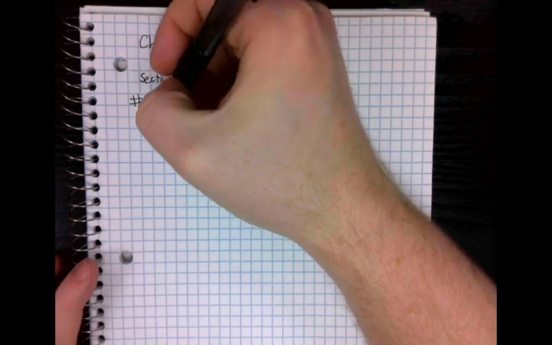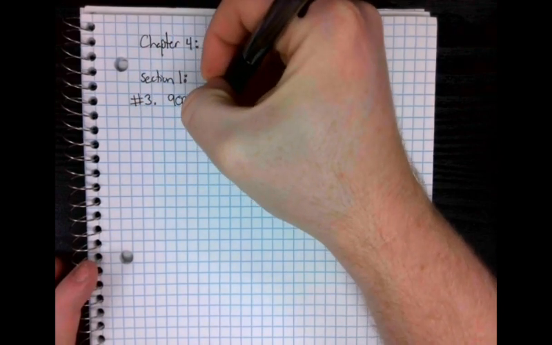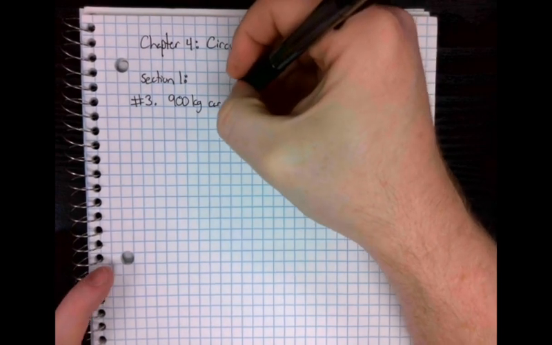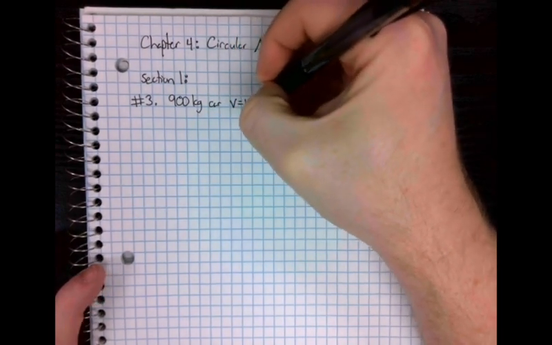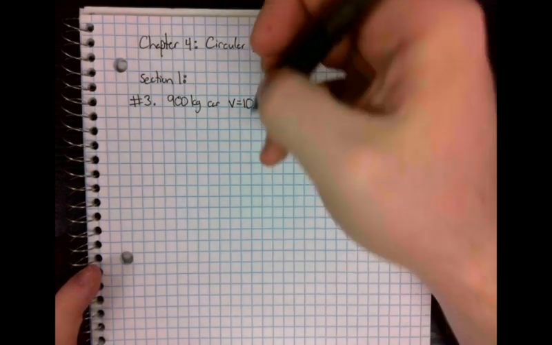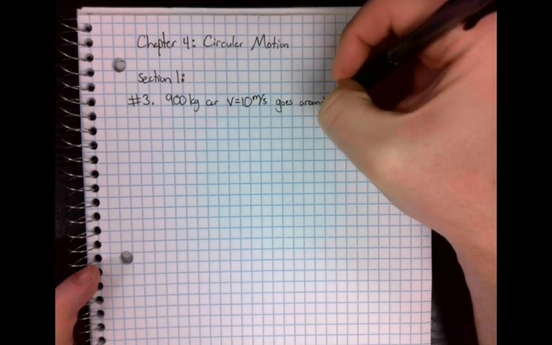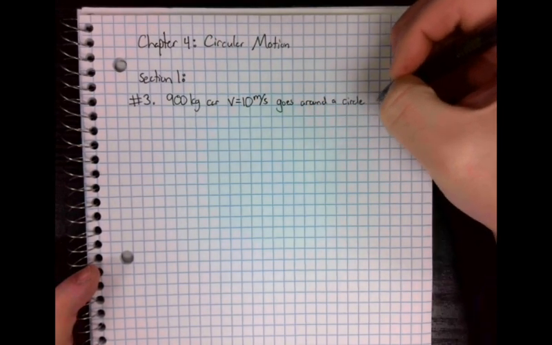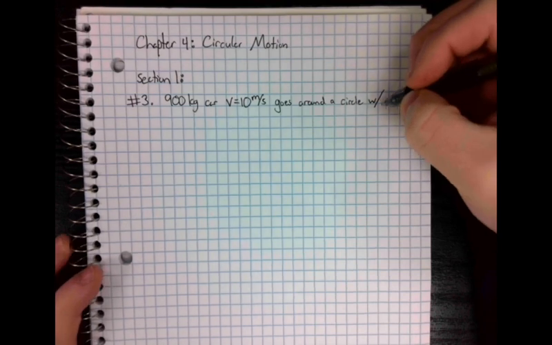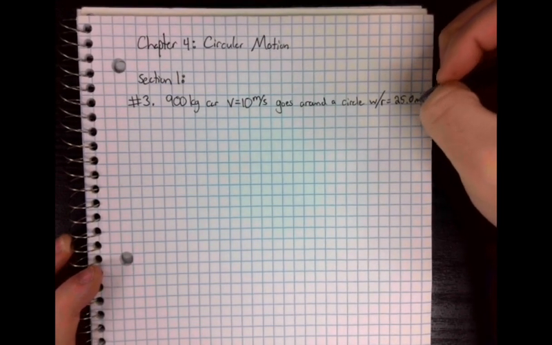We're good. So we have a 900 kilogram car with a velocity of 10 meters per second that goes around a circle with radius equal to 25.0 meters.